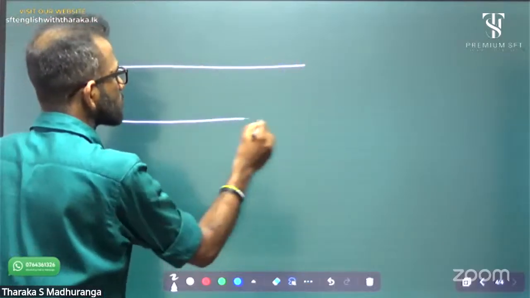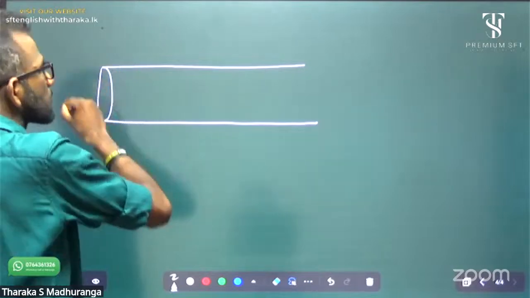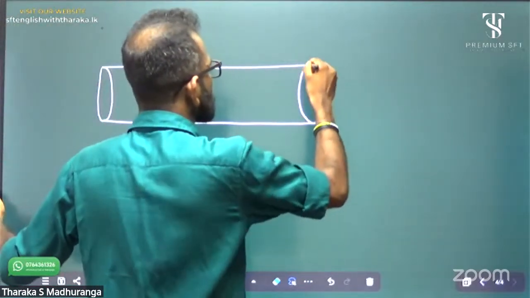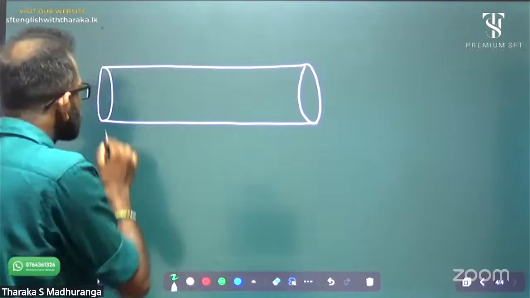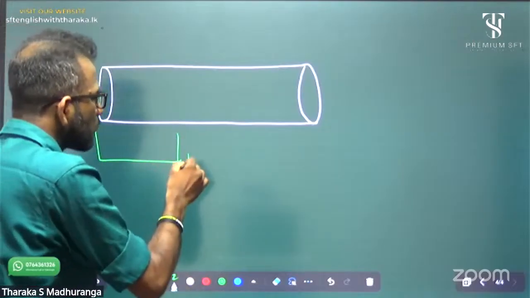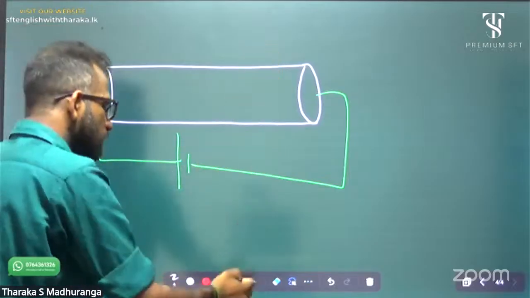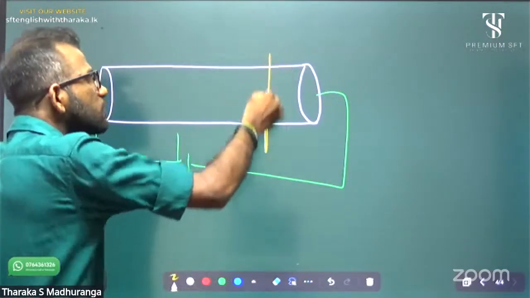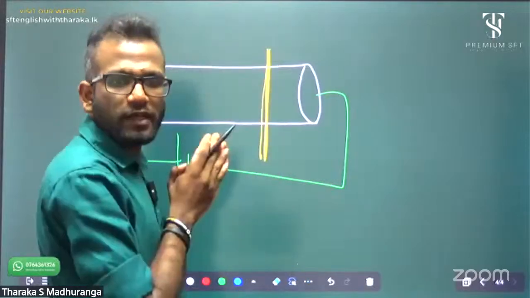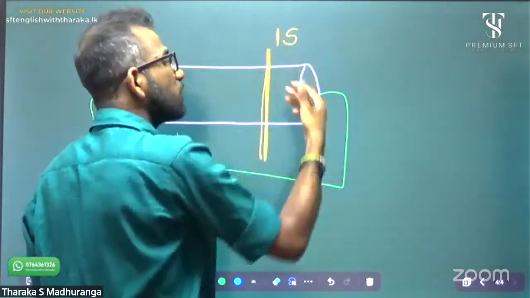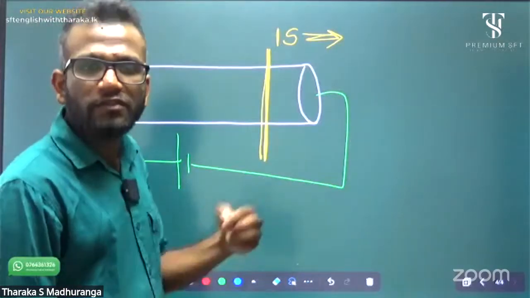If I connect a potential difference, that means a battery, then within 1 second, think of any cross section, how many electrons are flowing, how much charge is flowing within unit time, that we call the current.